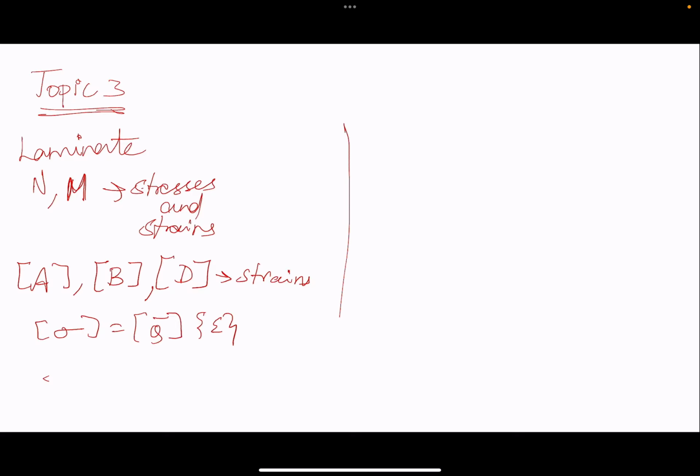So today we actually saw how to calculate the elastic moduli for a laminate, which is, for example, Ex, Ey, and then we have Gxy, which is the shear modulus, and then you had the Poisson's ratio, nu xy and nu yx, right?